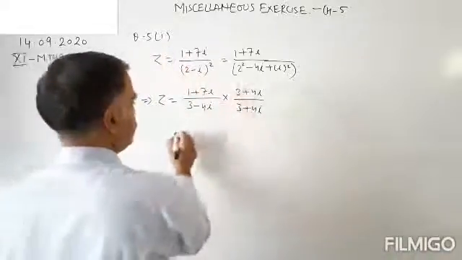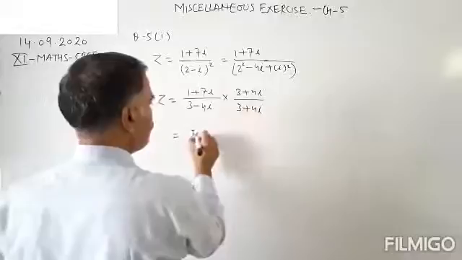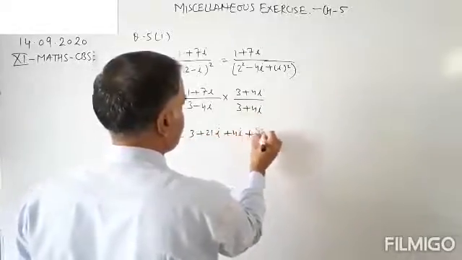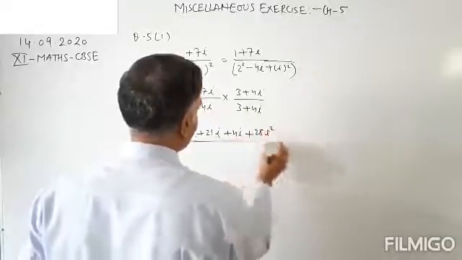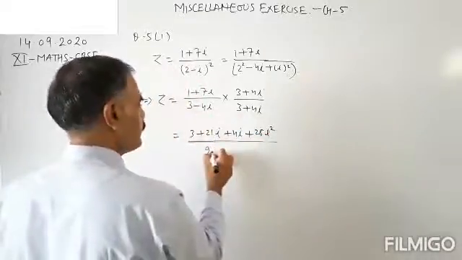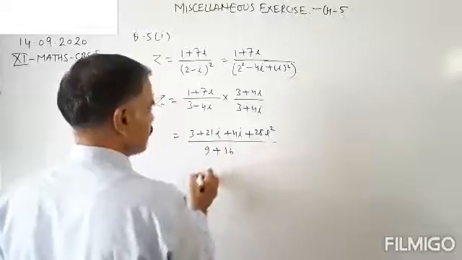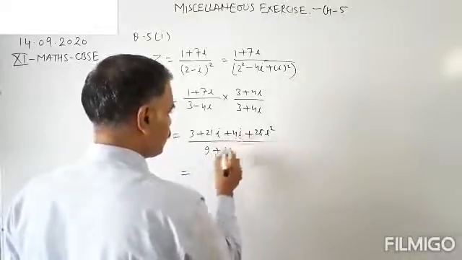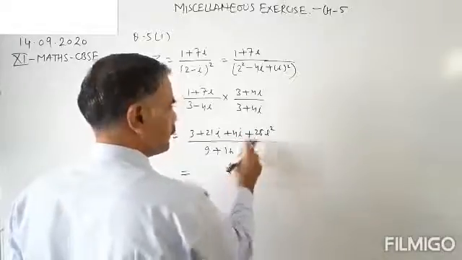So multiplying this, we will have 3 times 1 is 3, 3 times 7 is 21 iota plus 4 iota plus 28 iota square, upon 3 times 3 is 9 plus 4 times 4 is 16, equals 3 plus 21 plus 4, that is 25 iota, plus 28 iota square.